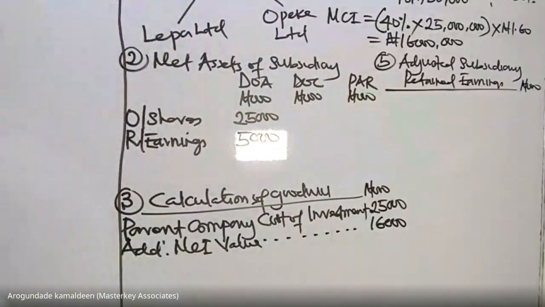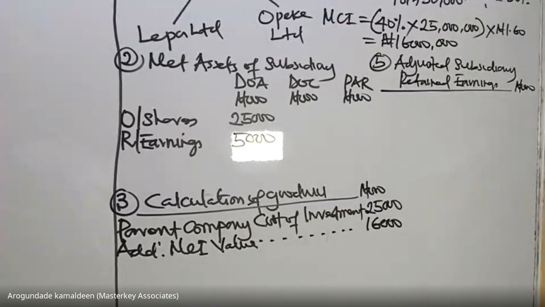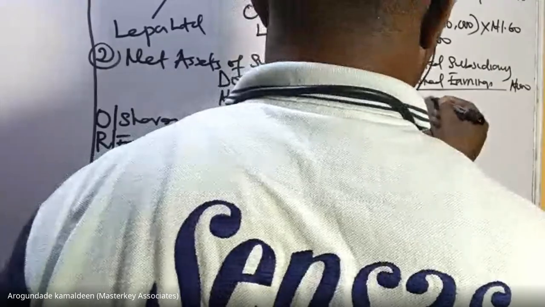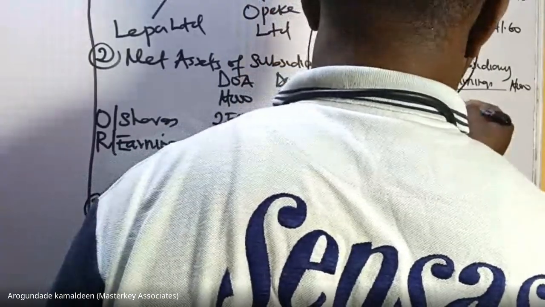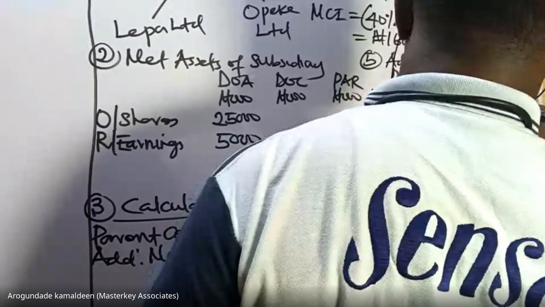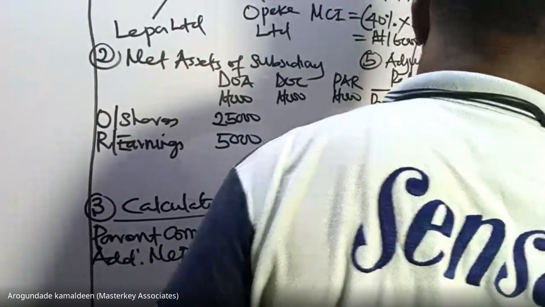Now, class, what is the balance of the subsidiary retained earnings as per account? Tell me. 22,125. Correct. 22 million. That is good. Balance as per SOFP, 22,125.